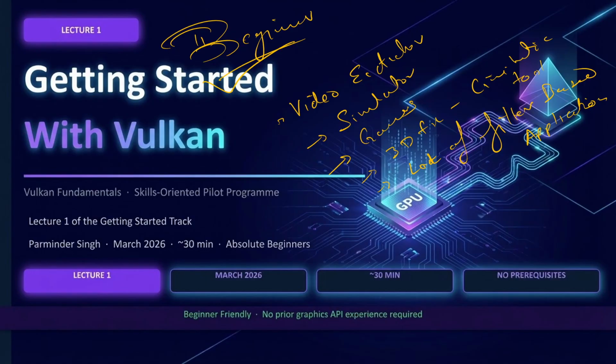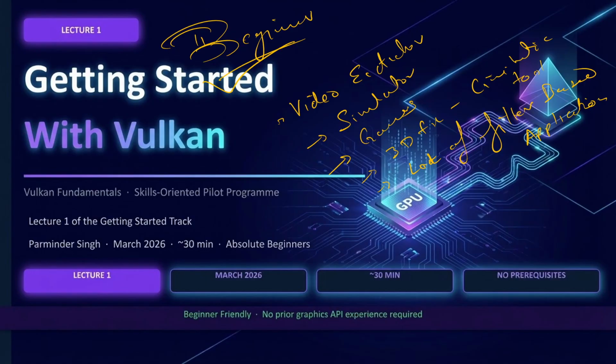The end goal is how you can think like a modern graphics programmer. So you are not just building your applications for a specific need, but a general need that satisfies all the requirements of modern GPUs. Today's lecture is a getting started track.